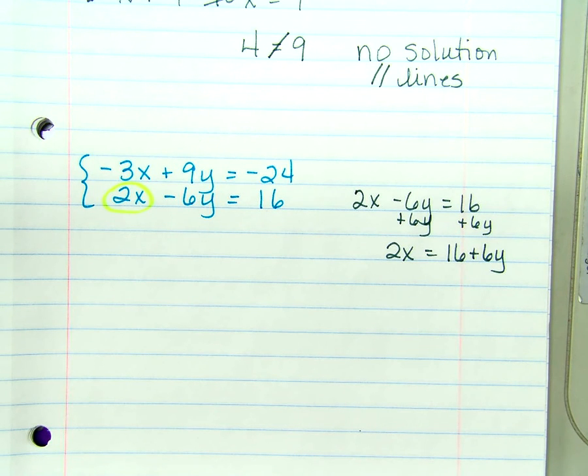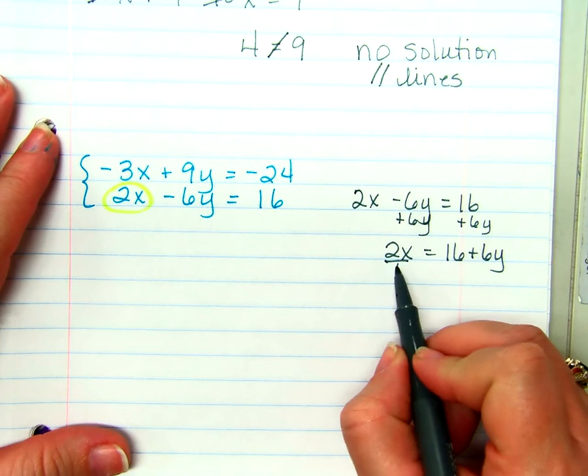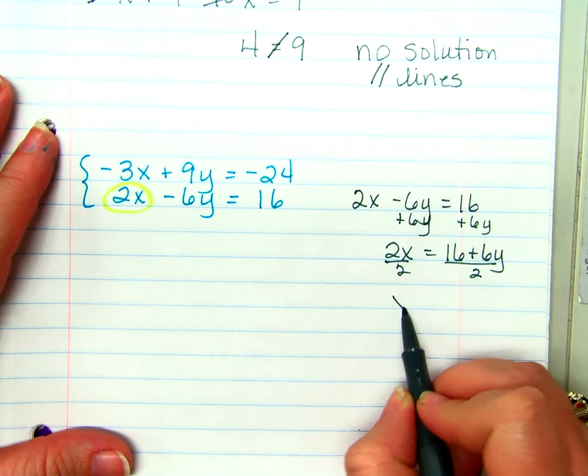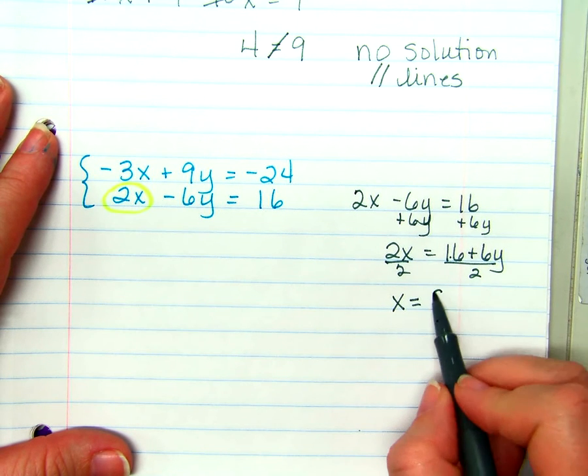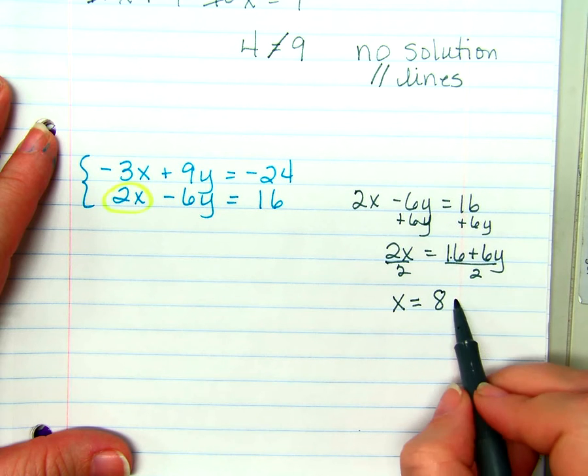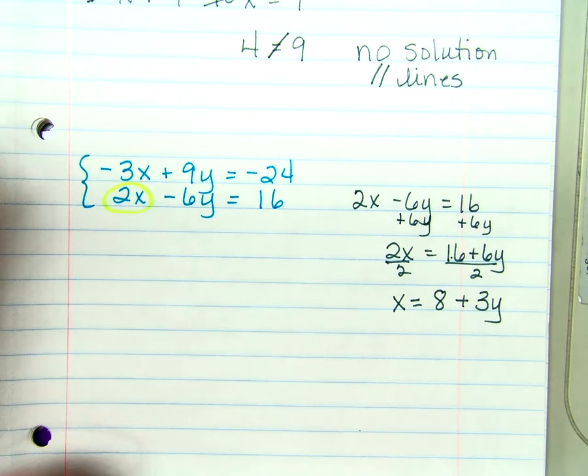Oh, I'm not done? Why not? Divide, right? Oh, I can't leave the 2 there, can I? No, I have to divide everything by 2. X equals, what's 16 divided by 2? 8 plus 3. And 6y divided by 2? 3y. So then you substitute.